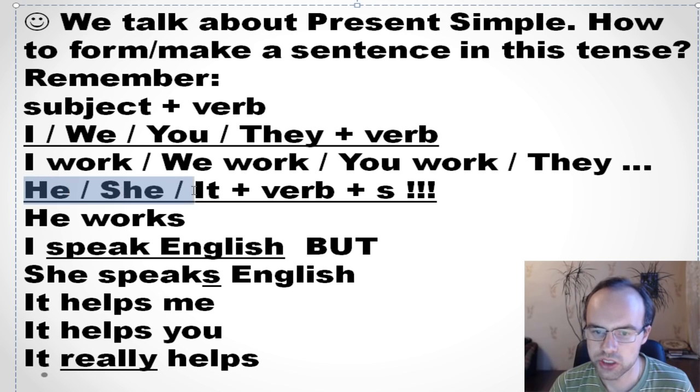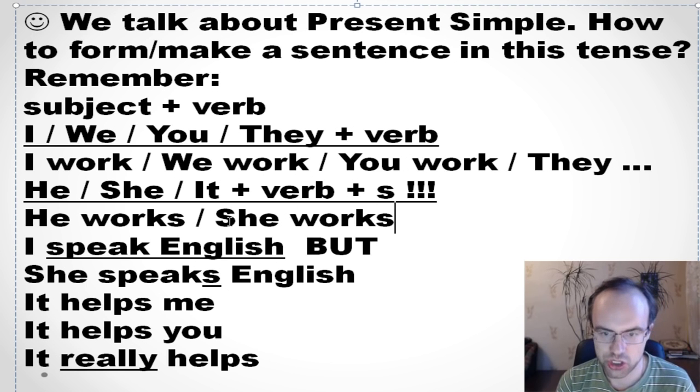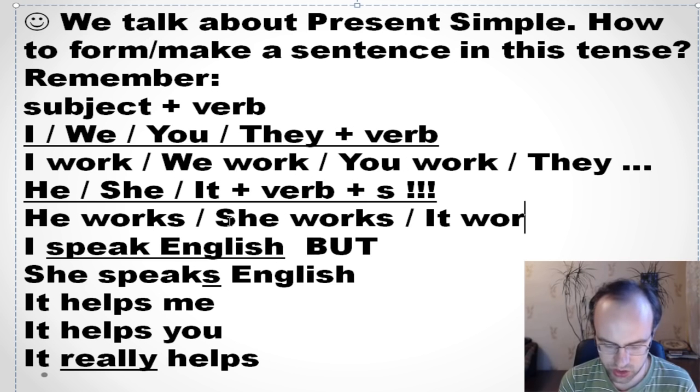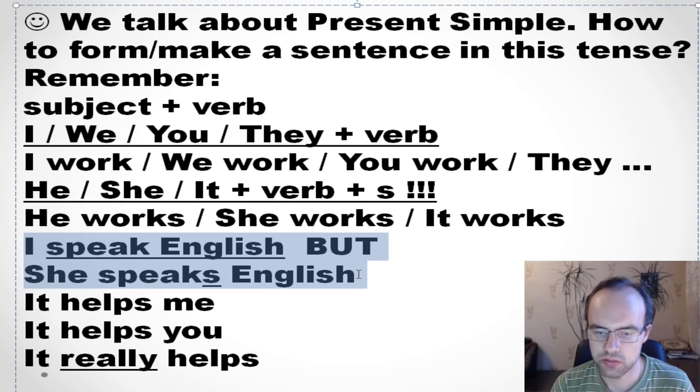If you have he, she, it, you have a verb plus s. He works. She works. It works.